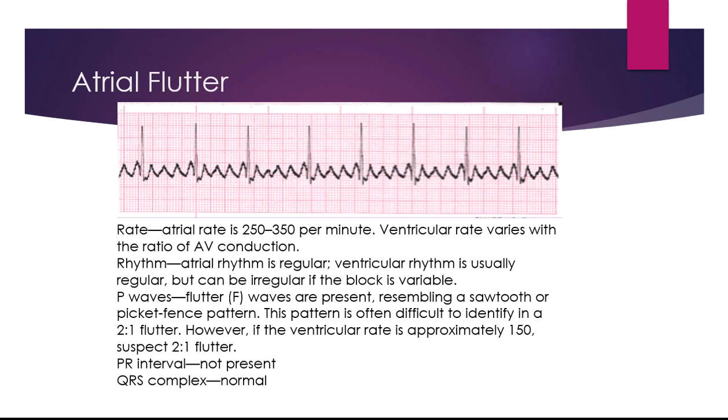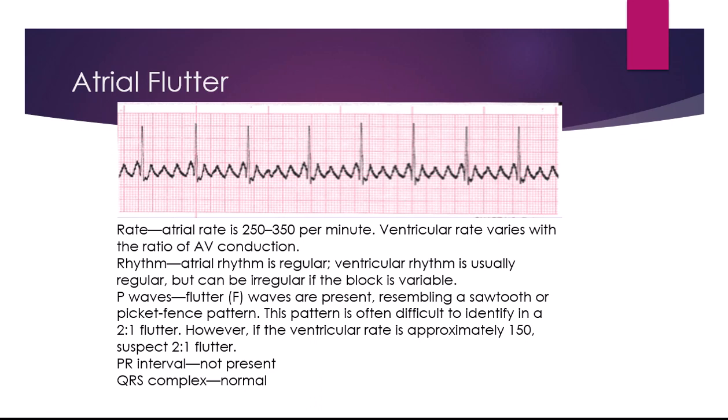Here's your criteria. On your rate, you're going to look at two things: your atrial rate and your ventricular rate. Within each one of these are no longer P waves, but we identify them as big F waves.